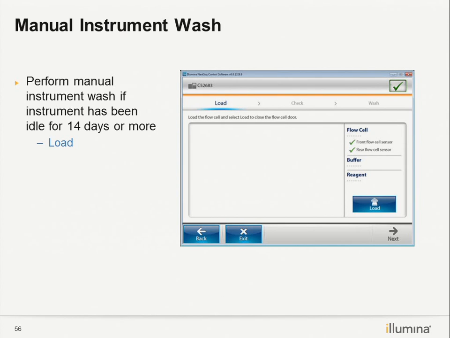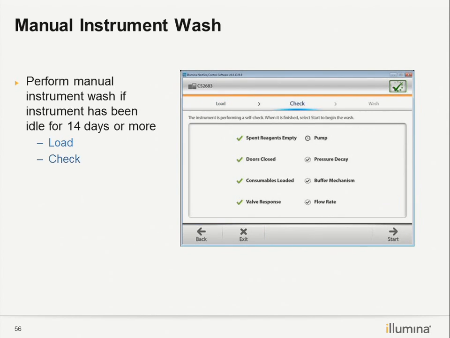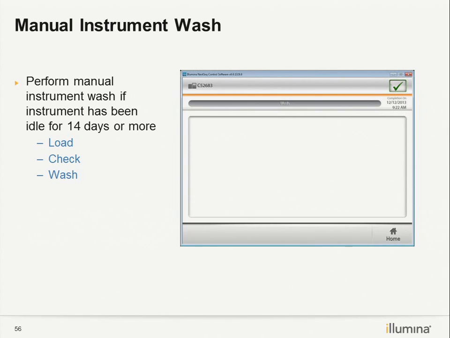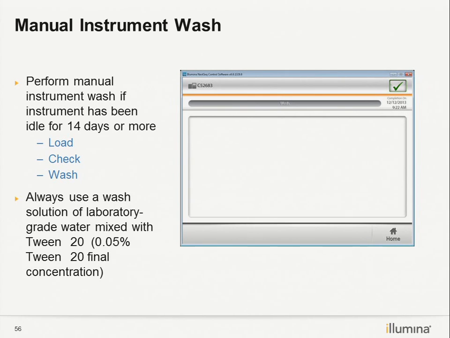You can use the wash flow cell as well. Okay. And just follow what the instrument tells you, and then we'll have a wash this afternoon, so you will get a chance to do that. It takes around 20 minutes to complete. The wash buffer needed is 0.05% of 2020.